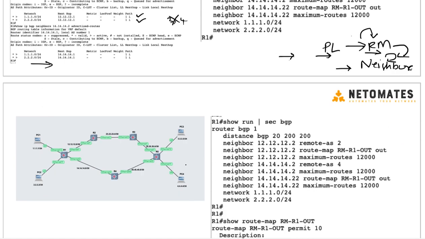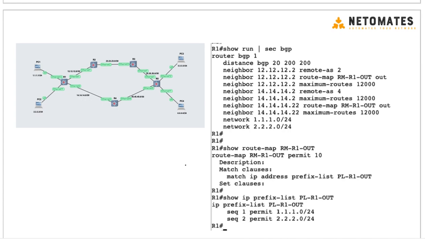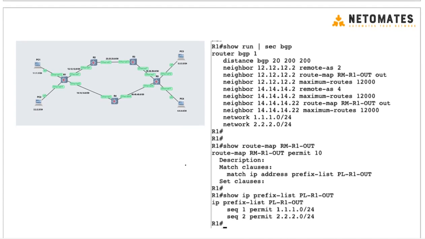Let's see. We can see why we are not advertising 3 and 4 without the deny statement in the next slide. For now, to verify the configuration, R1 has route maps. First check the route map bindings.